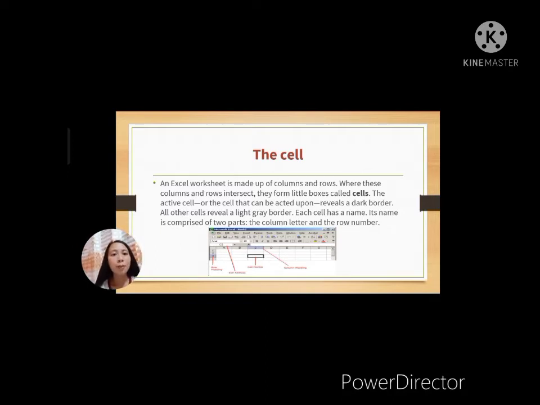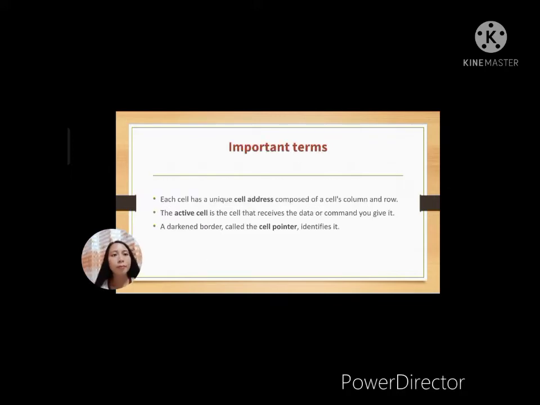Its name is comprised of 2 parts, the column letter and the row number. Important terms. Each cell has a unique cell address composed of a cell's column and row. The active cell is the cell that receives the data or command you give it. A darkened border called the cell pointer identifies it.